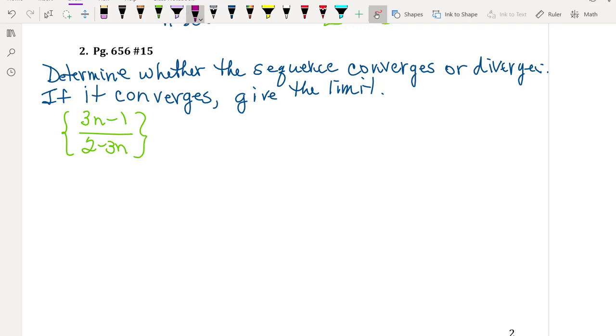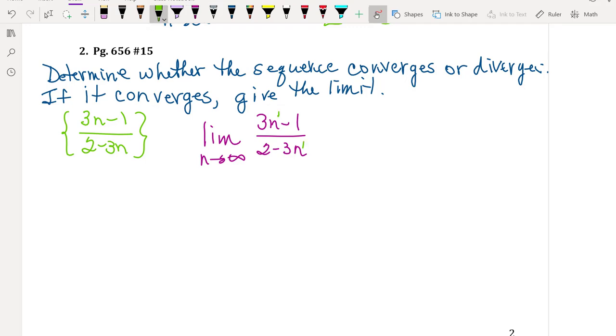So what we're going to do is we're going to take the limit as n approaches infinity of our 3n minus 1 over 2 minus 3n. And when we do that, what we're going to see is that the degrees are the same in the numerator and denominator. We have a 1 here and a 1 there.